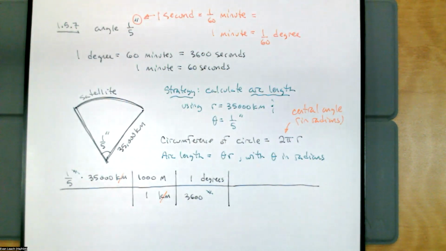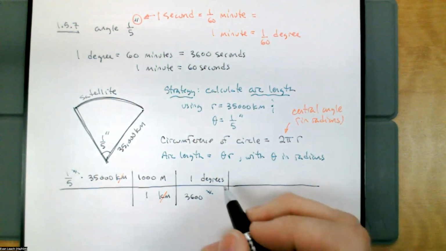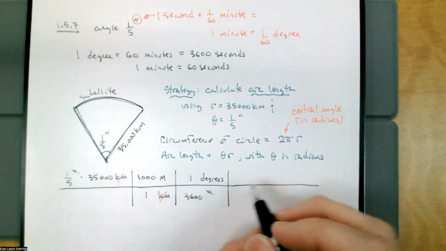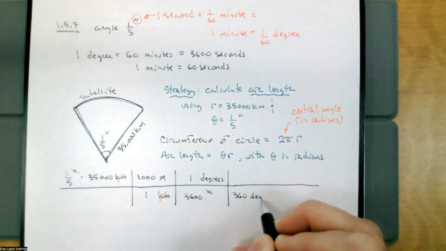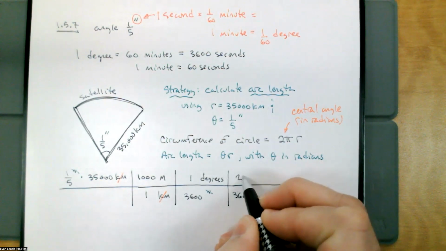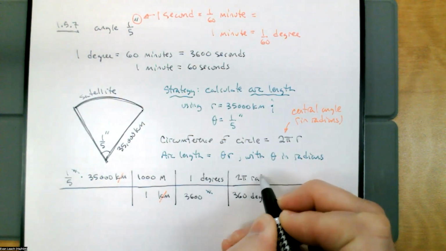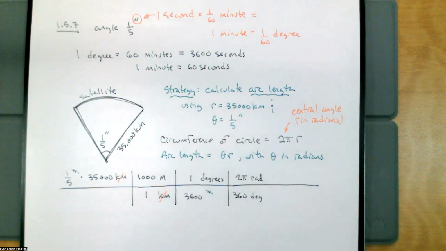I know 360 degrees is 2 pi radians. Where's the 360 going to go? The 360 goes with degrees. And so then I could put 2 pi radians on the top.